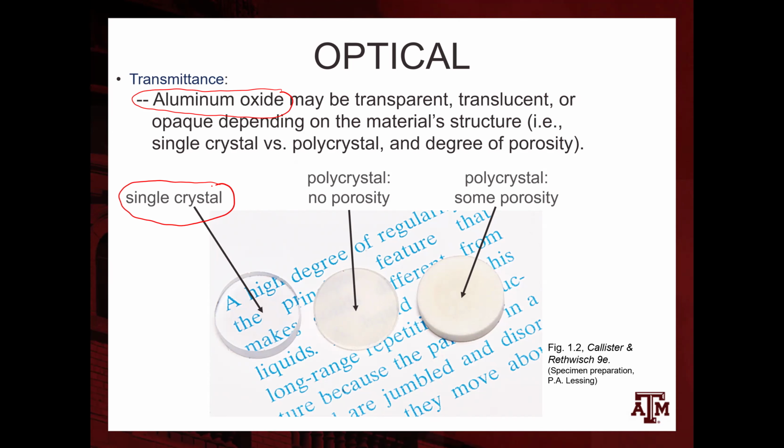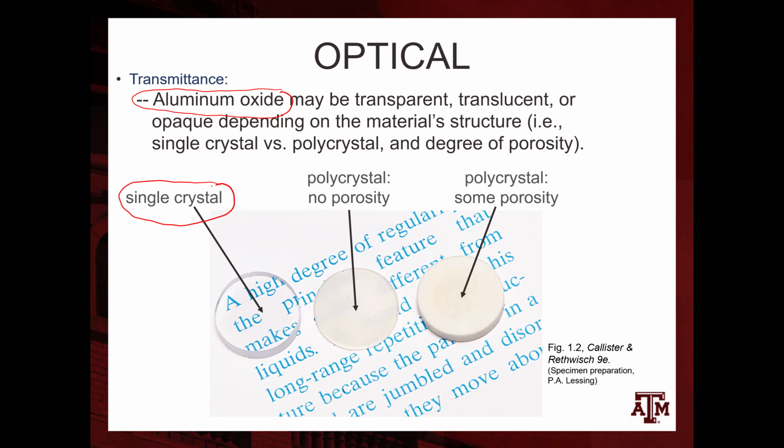Then it becomes very transparent, because light or photons can go inside the material without scattering. They are not interacting with any microstructure feature, and therefore the material becomes transparent.